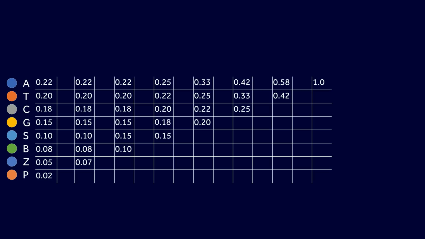Now what I'm going to do is group together the most improbable symbols, as sets of pairs. So the first thing we're going to do is to group Z and P, and we're going to create this new symbol, which is a combined ZP symbol, and that has a probability not of 0.05, not of 0.02, but the sum, which is 0.07.